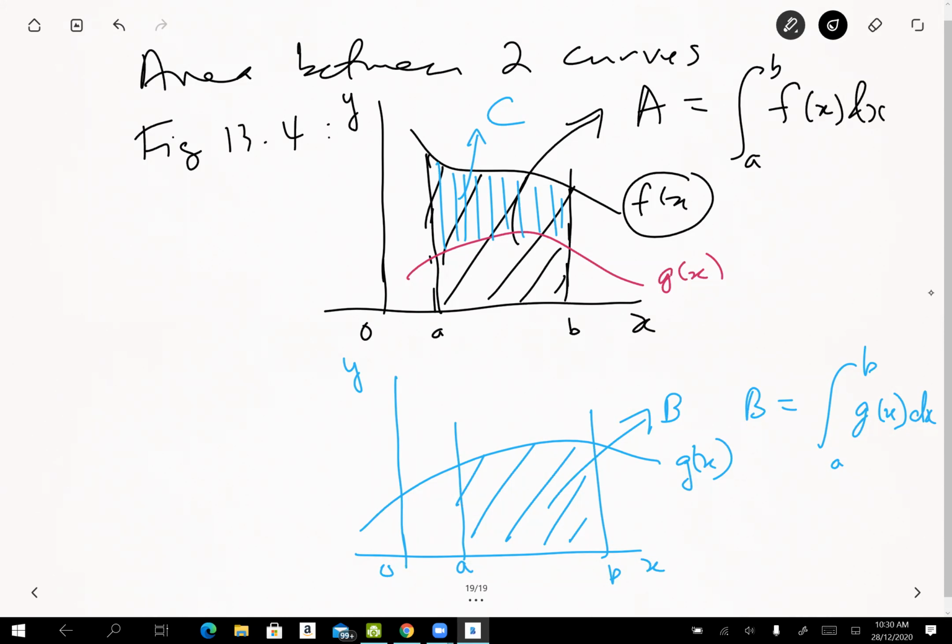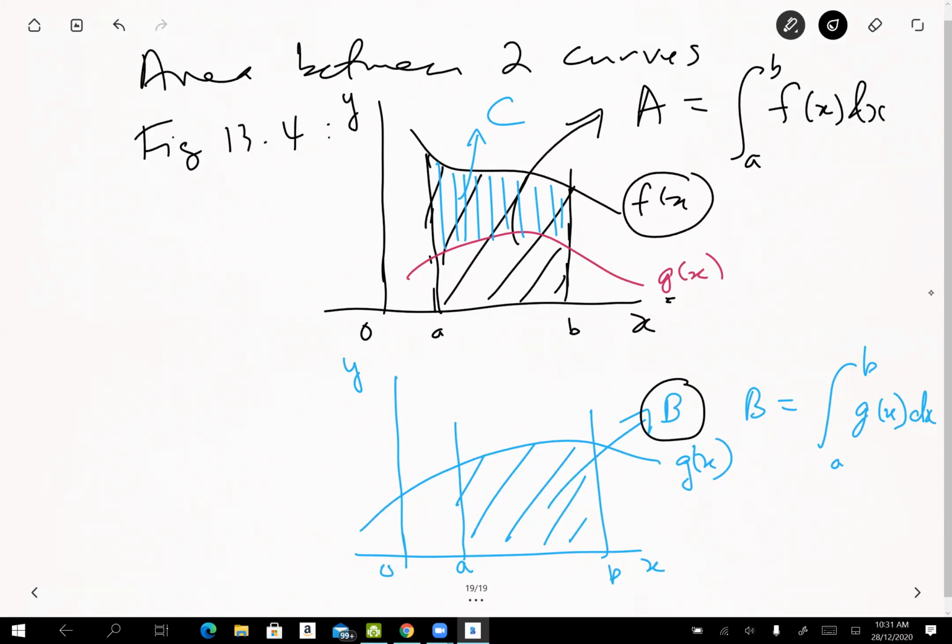Now the area under f of x is the whole black area, which I already described, area A. But we want only that portion, the blue portion, and that is separated by g of x. And the area under g, which is the lower curve, is the area from a to b under g of x. So that is the area B.